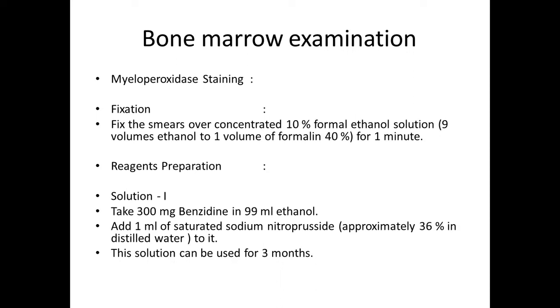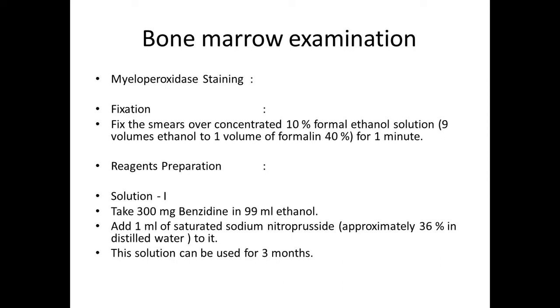So how do we do myeloperoxidase stain? First, the smears which are to be seen under the microscope are fixed by a fixative. This fixative is a 10% mixture of 40% formalin and ethanol, that is ethyl alcohol.